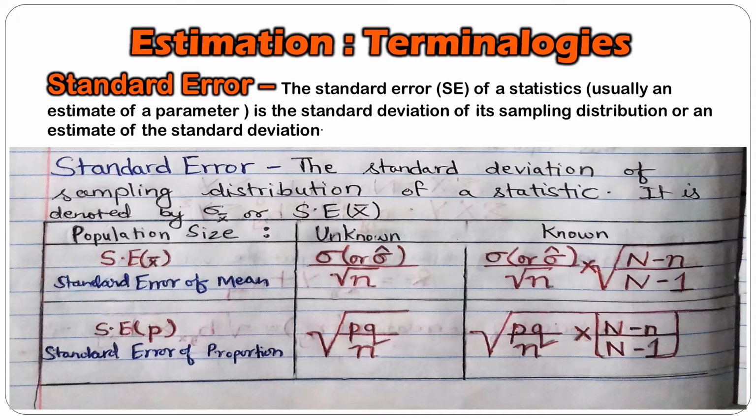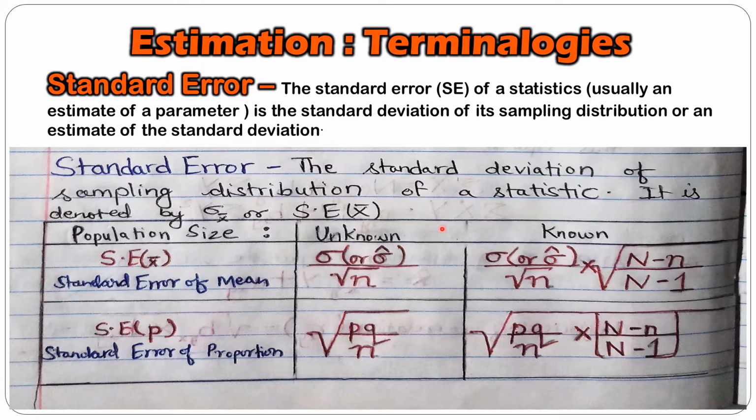Standard error. The standard error of a statistic is the standard deviation of its sampling distribution or an estimate of the standard deviation. Here we have formulas for standard error of mean and standard error of proportion.